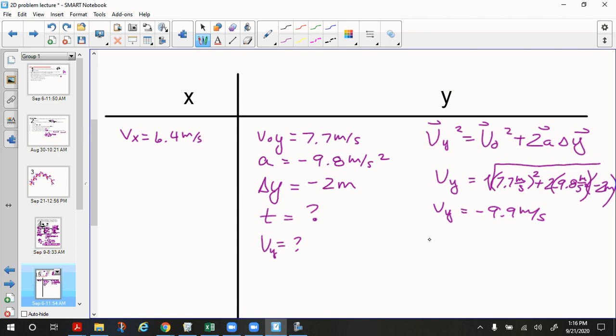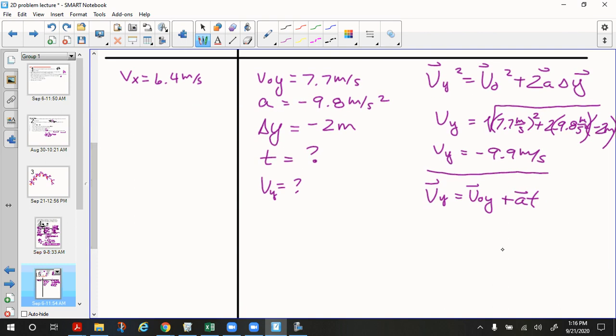Now I can figure out time, and I'm going to do that using Vy equals V initial y plus acceleration times time. So we have the initial velocity is 7.7 meters per second, and then the acceleration is negative 9.8.